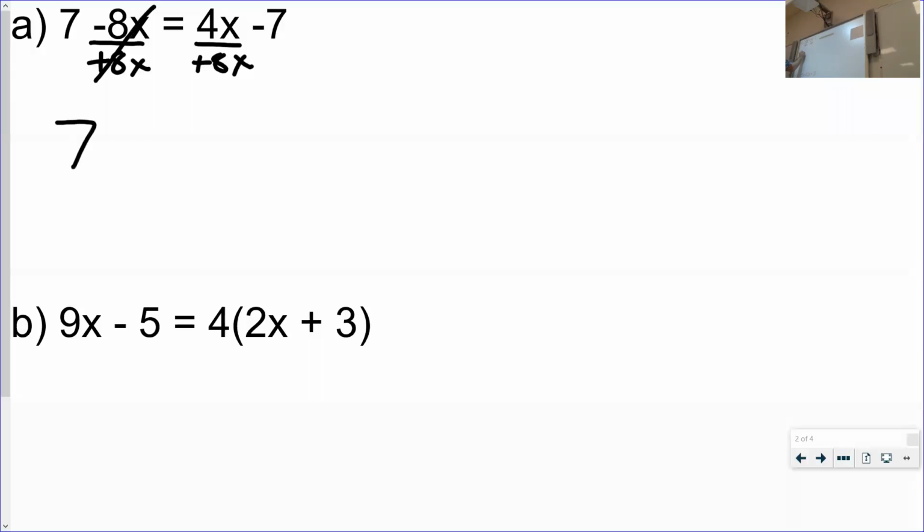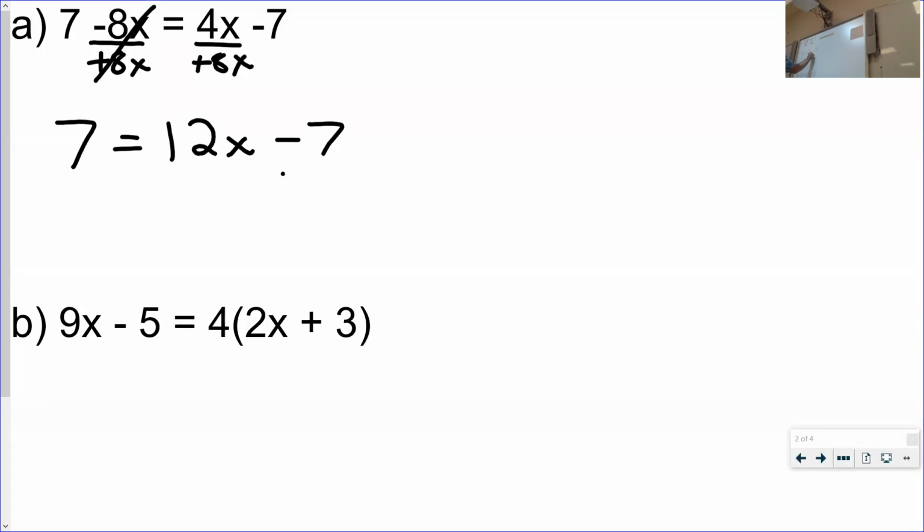So I have 7 equals 4 plus 8, which is 12x, minus 7. So what I'm doing is basically combining like terms on both sides. But when I go from one side to the other, I have to do the opposite.